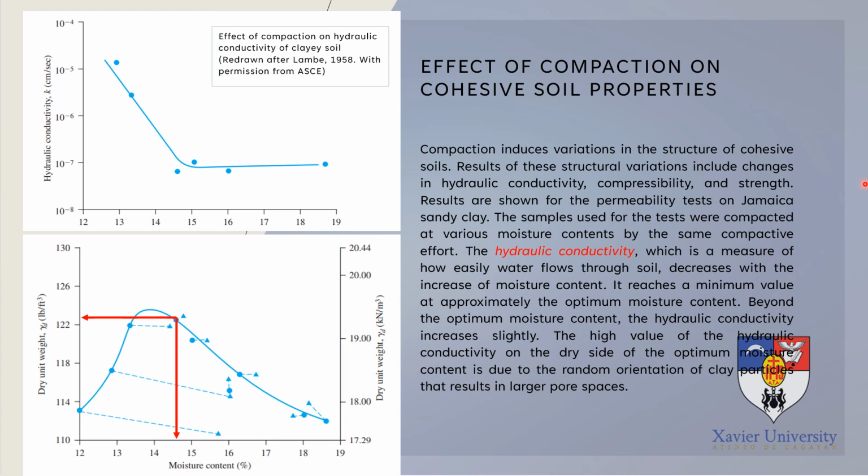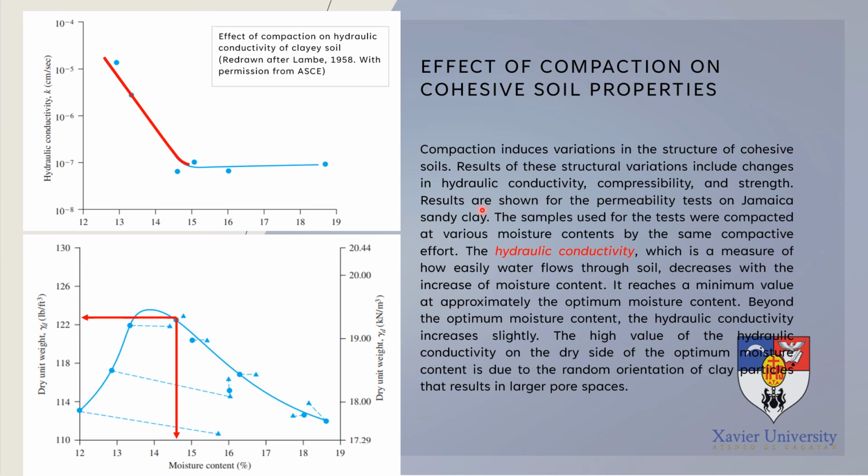The value of the hydraulic conductivity on the dry side of the optimum moisture content is due to the random orientation of clay particles that results in larger pore spaces. As we can see here, with respect to our moisture content, how our coefficient of permeability or our hydraulic conductivity behaves.